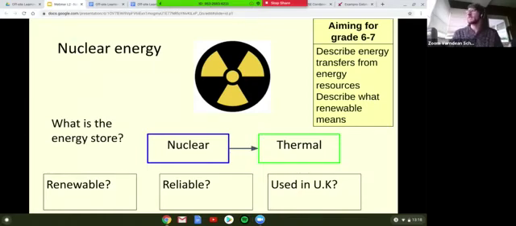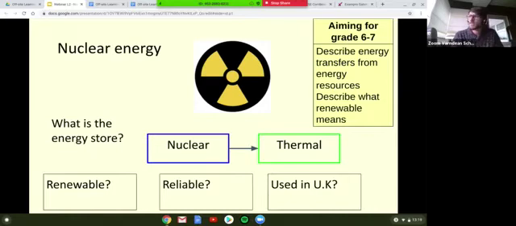Now, nuclear energy, when it's done correctly, is a really useful process, because it allows us to transfer nuclear energy into electrostatic energy, which is really, really useful. And it doesn't produce greenhouse gases, because it does produce steam in the heating, but it doesn't produce greenhouse gases.